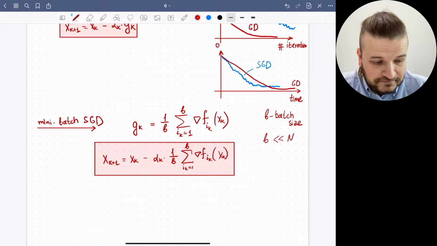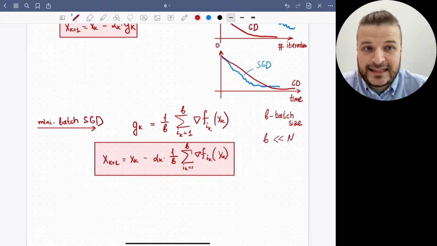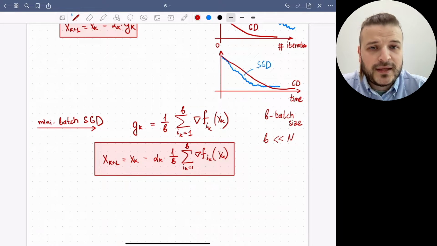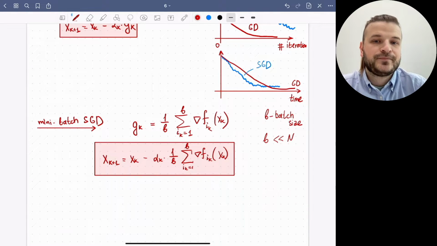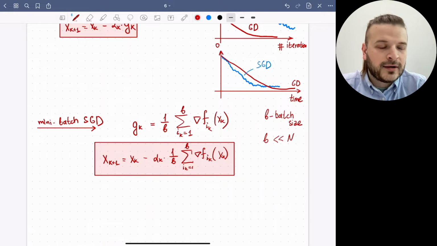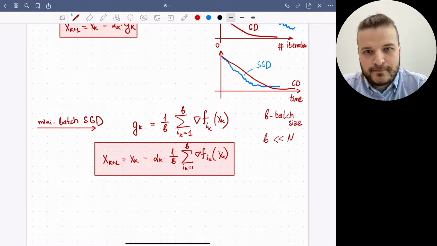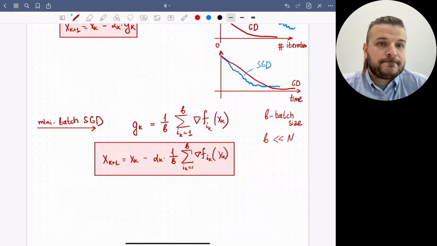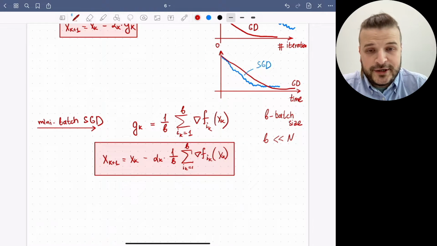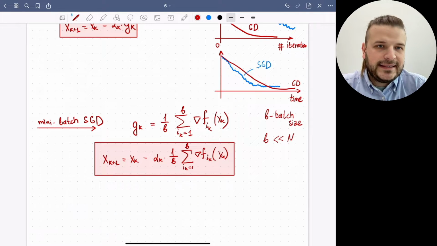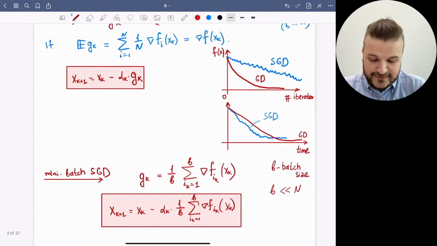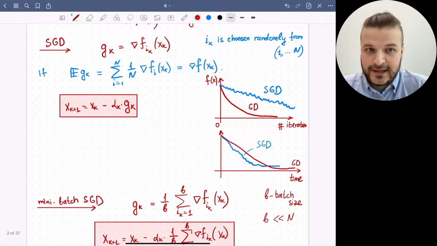But in fact, we can accelerate even more because each of the batch terms could be calculated in parallel, which means that if all our batch gradients fit into the GPU memory, we'll have the same time complexity here as for the previous variant, which is called SGD.